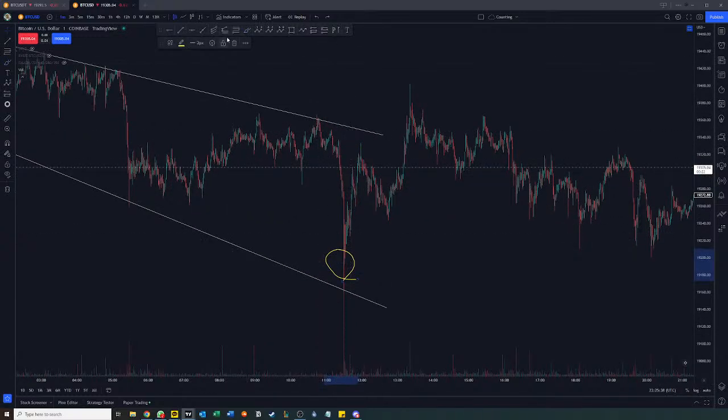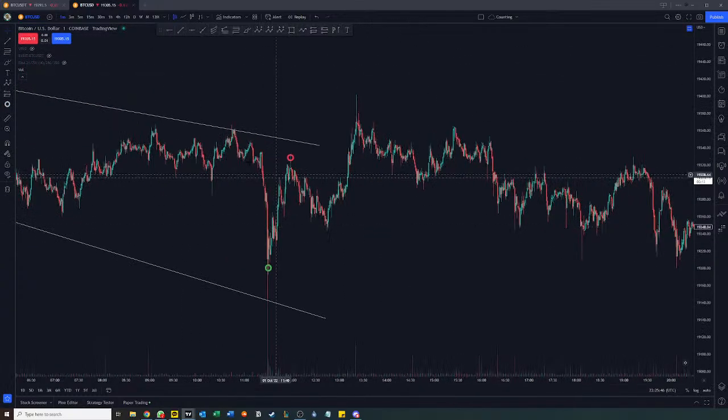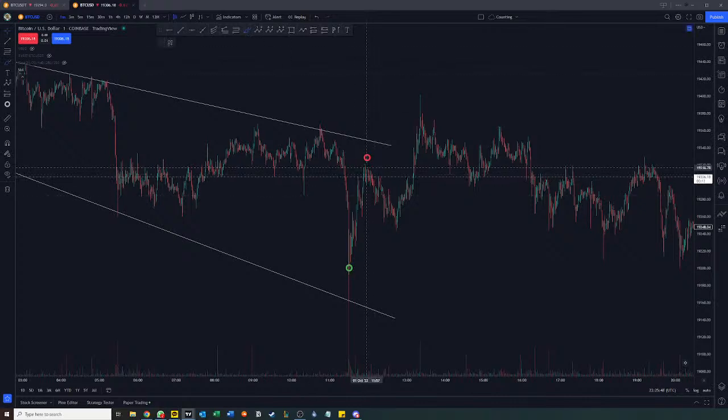I took half of them out here, and you see here it was an ABC. A, B, 1, 2, 3, 4, 5, right? I think I took long once here and once about here.